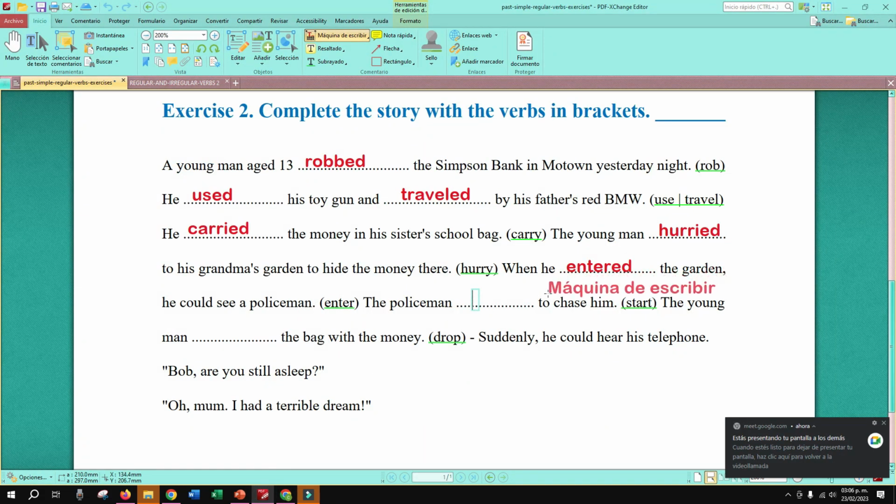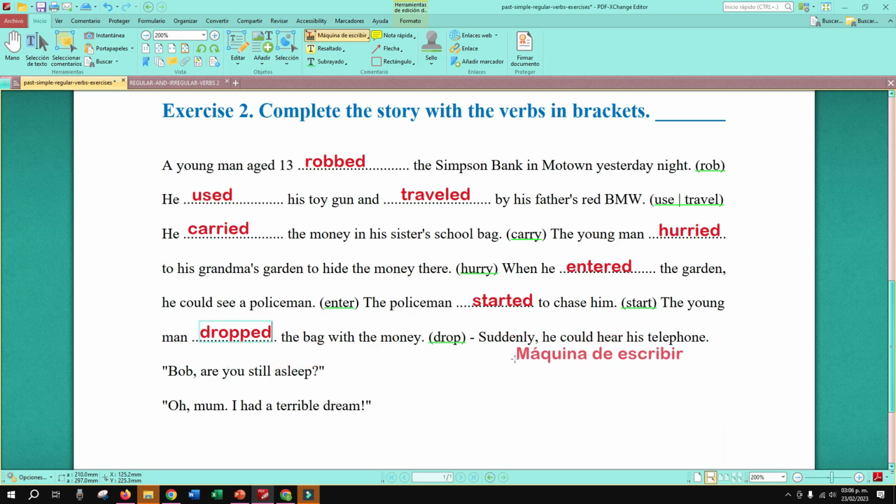Right, it started, to chase him. The young man, what? Drop. Dropped, right? That is like a drop: consonant, vowel, consonant. So that is dropped. Double P, right? Suddenly, he's back with the money.